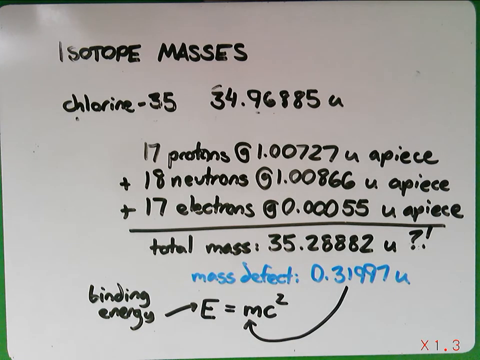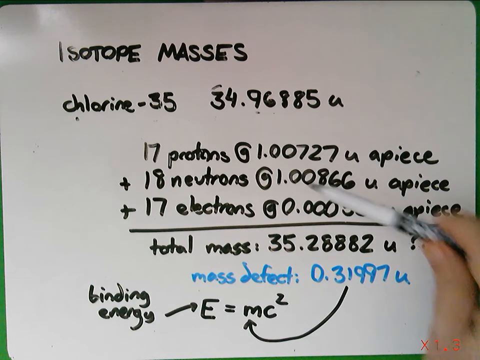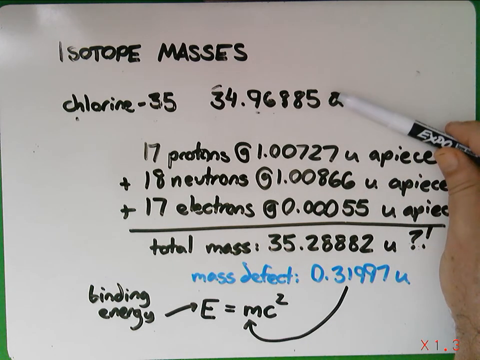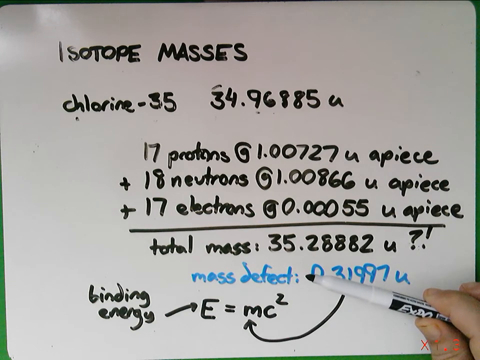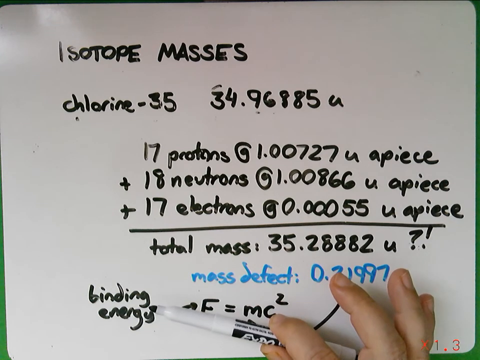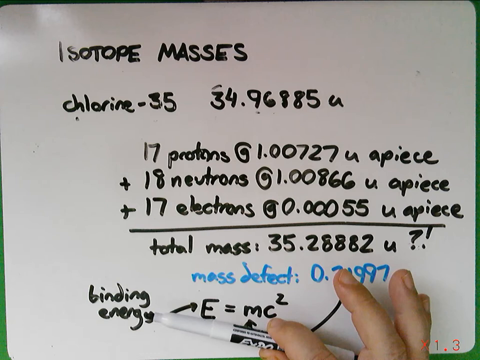Now, I'm not going to ask you to do calculations with E equals mc squared. What's important is that you know that the isotope mass is less than it should be because some mass is lost in order to bind the nucleus together.